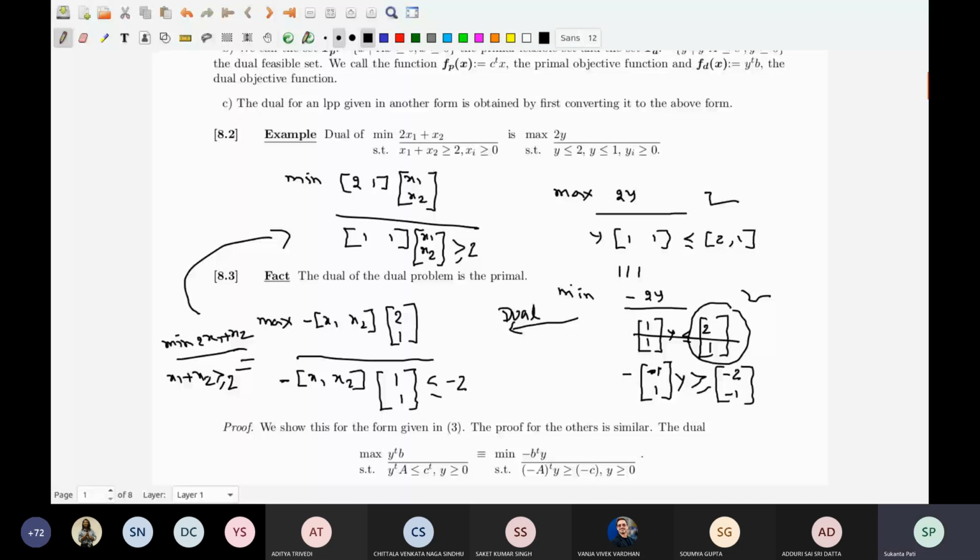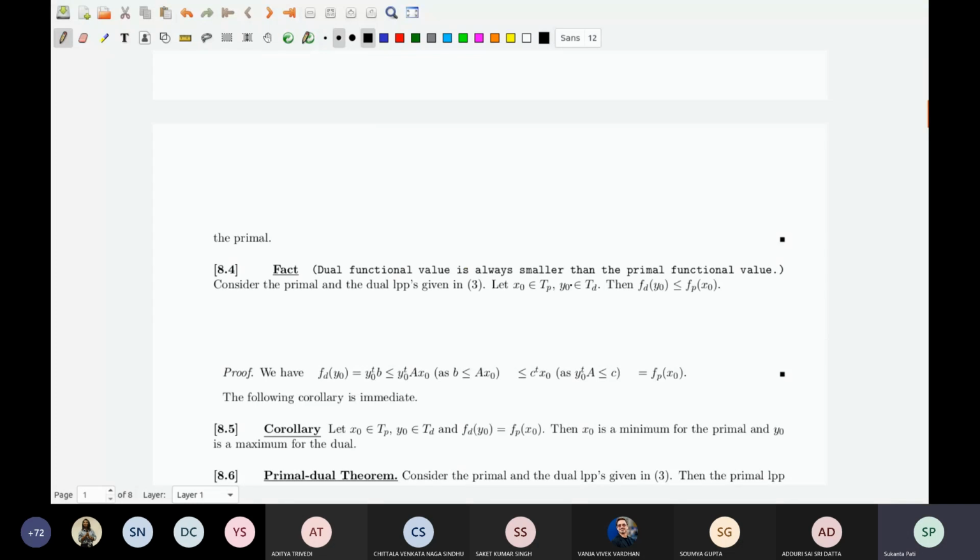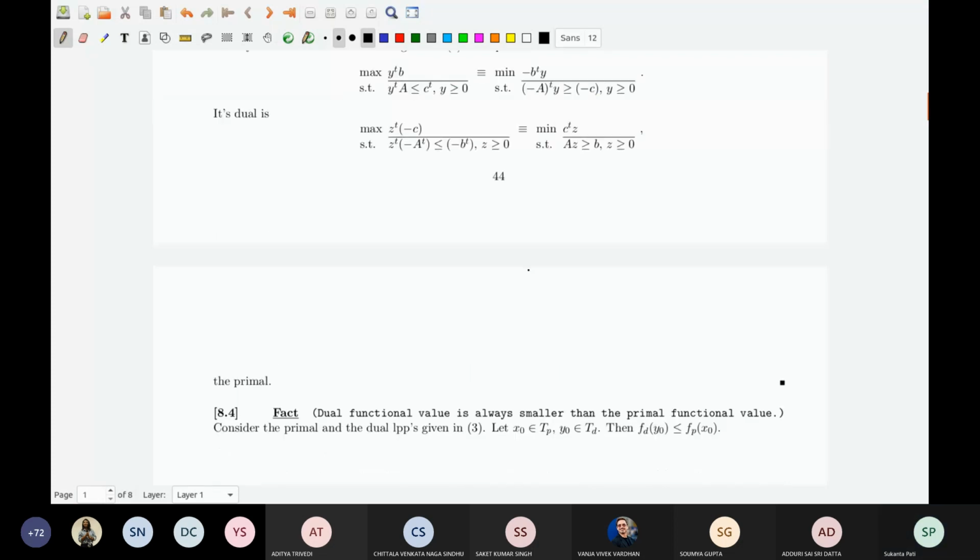Fine. What about this dual? Now, for this dual, this is the proof, how you write it in general, no problem. The dual functional value is always less than equal to the primal functional value. That is what it says. What is the dual functional value? Now, dual functional value at what? At any point.